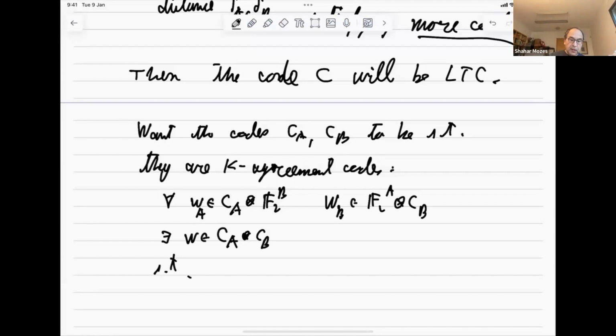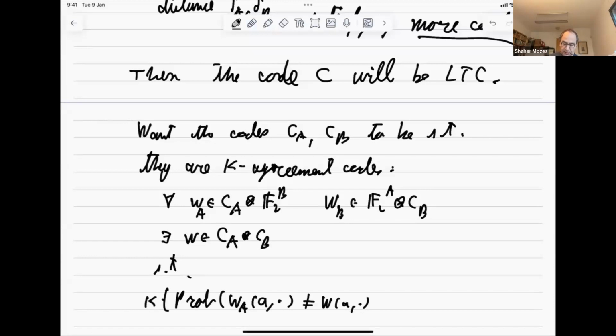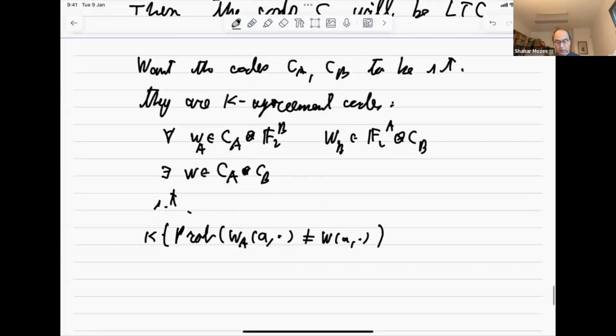Then there exists W in the code such that, if you look at the probability that WA is not... okay, maybe I'll write the formula and then explain what it is.